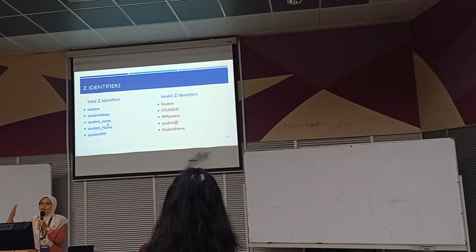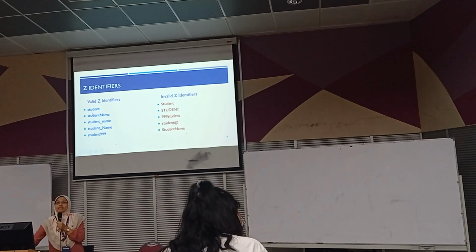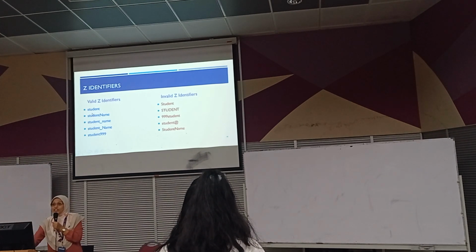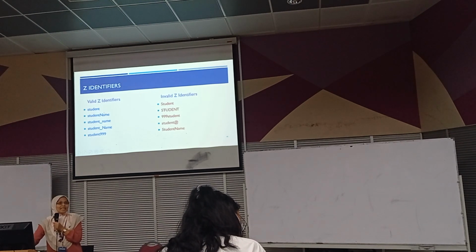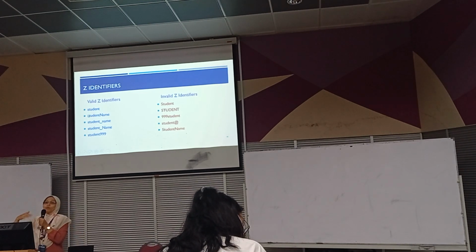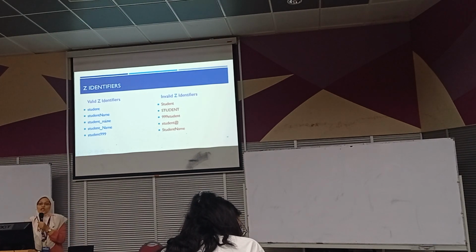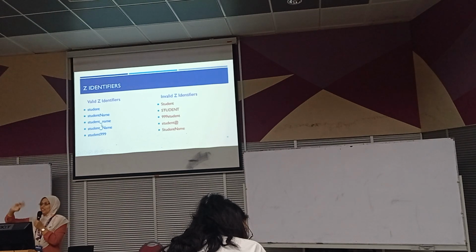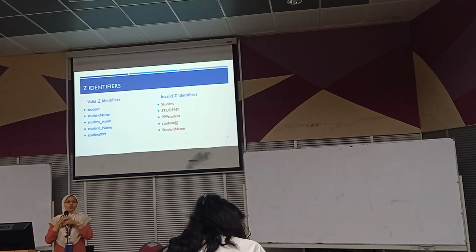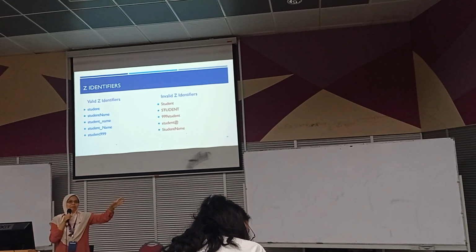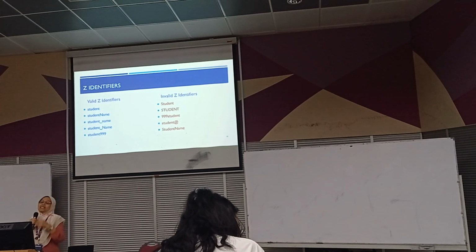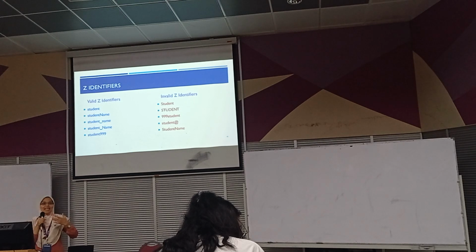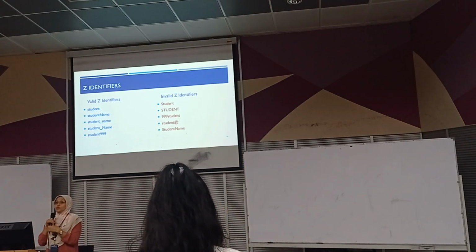So for the normal variable declaration, if I have more than one word, I combine them into one. But for the free type, because it is similar, I go for underscore to show the difference. When I see underscore, I know this is for my free type. When I see combined words, I know this is a normal variable. But it's up to you. You don't have to follow my style; you can use your own style.